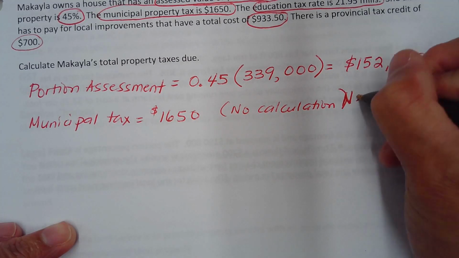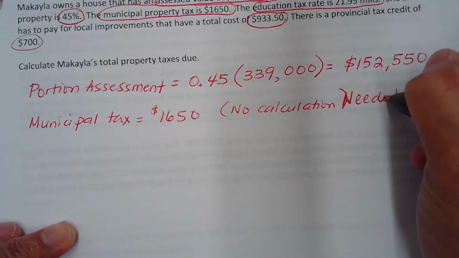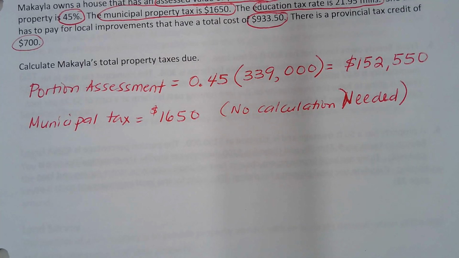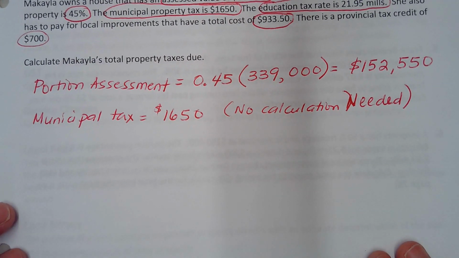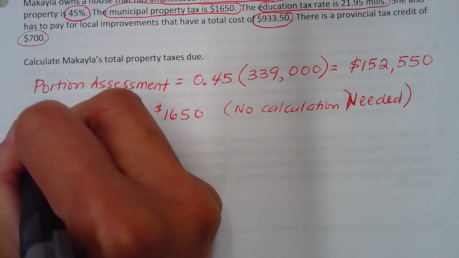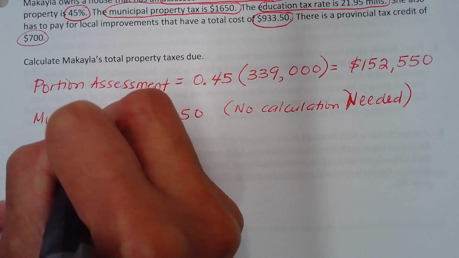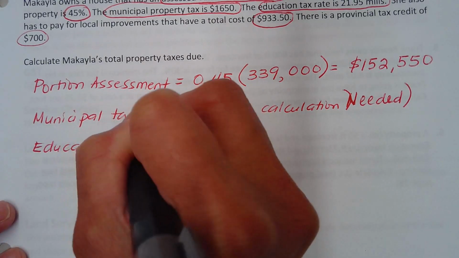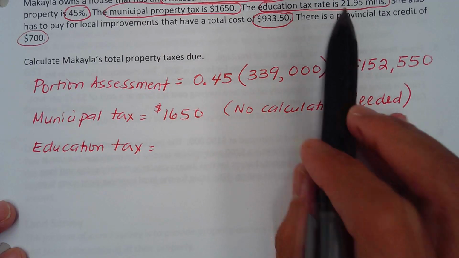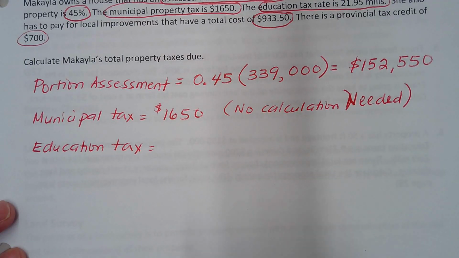This extra stuff that I'm writing here, if you want to write it down on your page, you could, but it's also for the people who might not be here today. The next one is education tax. The tax rate is 21.95 mils.